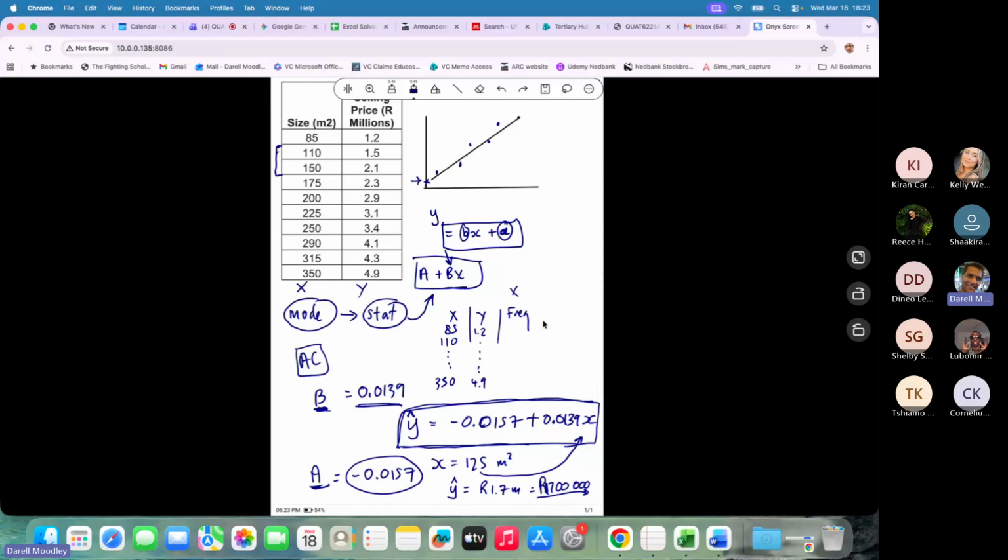So as a quiz, let's say I want to estimate the sales price for a house. The quiz now: what is the estimated sales price for a house of size 270?